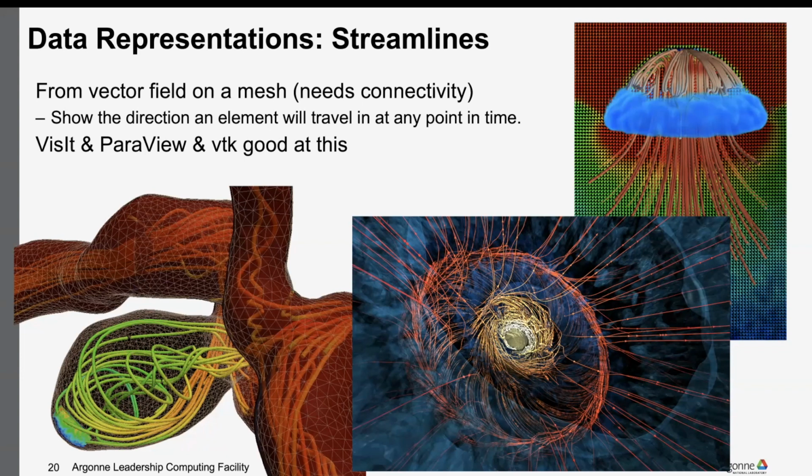You would iterate over that some number of times within a single time step and generate these lines that show the path that either velocity or some other vector field would cause the particles to move.